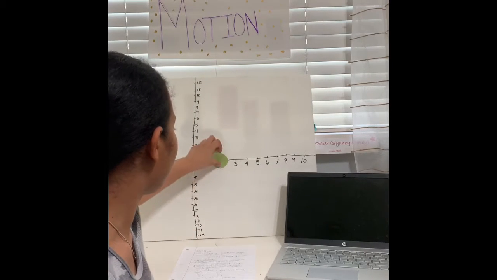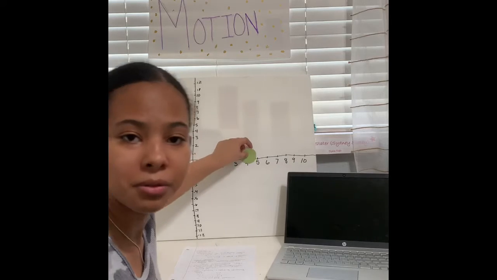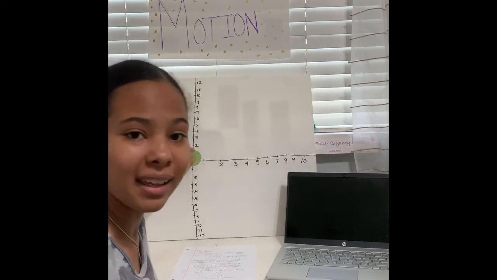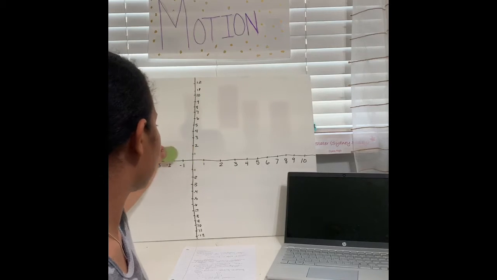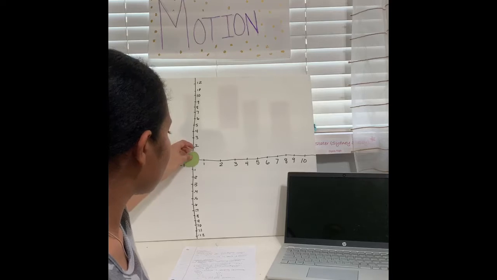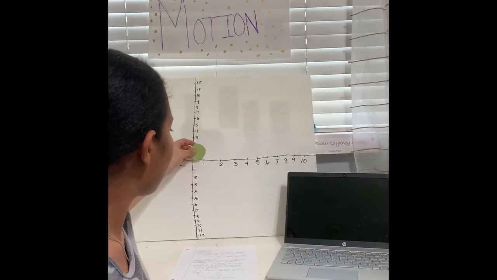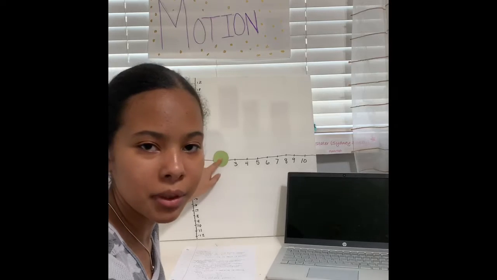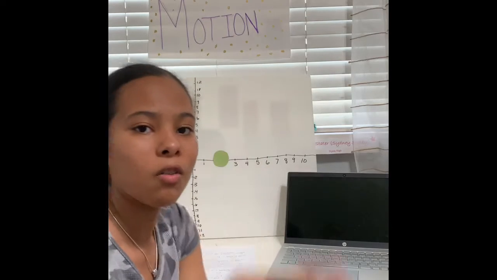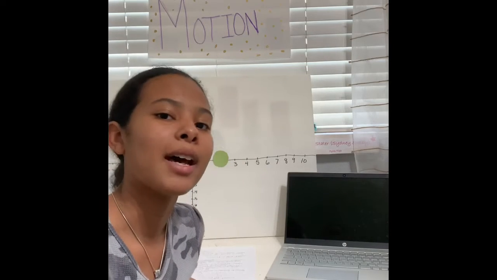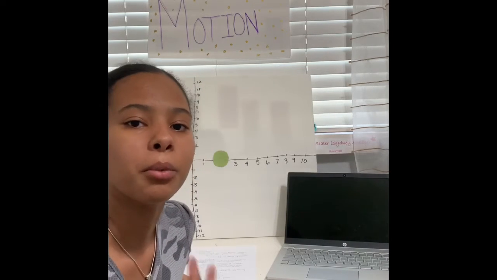So that would be what? From 0 to 4 would be 4. From 4 to 0 would be 8. From 0 to 2 would be 2. From 2 to 0 would be another 2. And from 0 to 2 would be another 2. So you would add all of that together as positive. Even though we're moving in the negative direction, it is counted as a positive value because you're still moving.